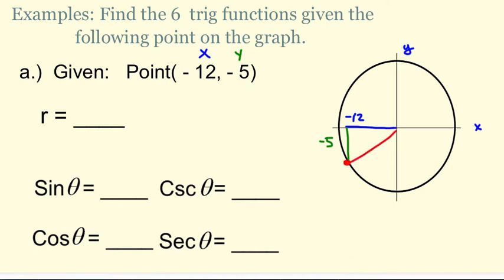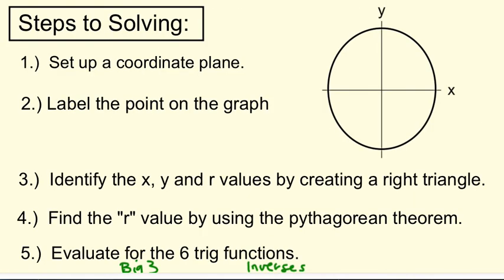And that creates a radius, which we'll have be in the red. I'm just going to create a little right triangle here, and that's what we're going to focus on. So our x value is -12. Our y value is -5, and our r is unknown. So we've done step 1, 2, and 3 now.